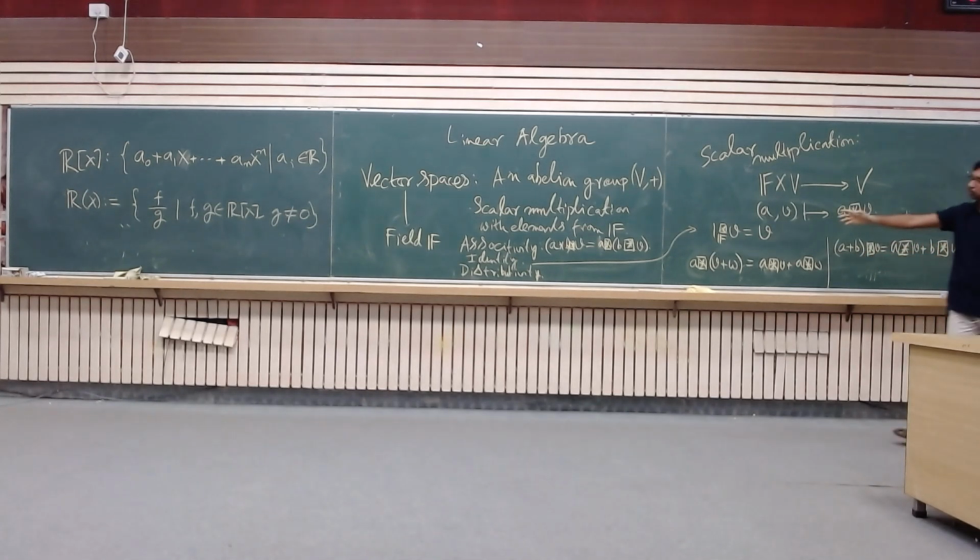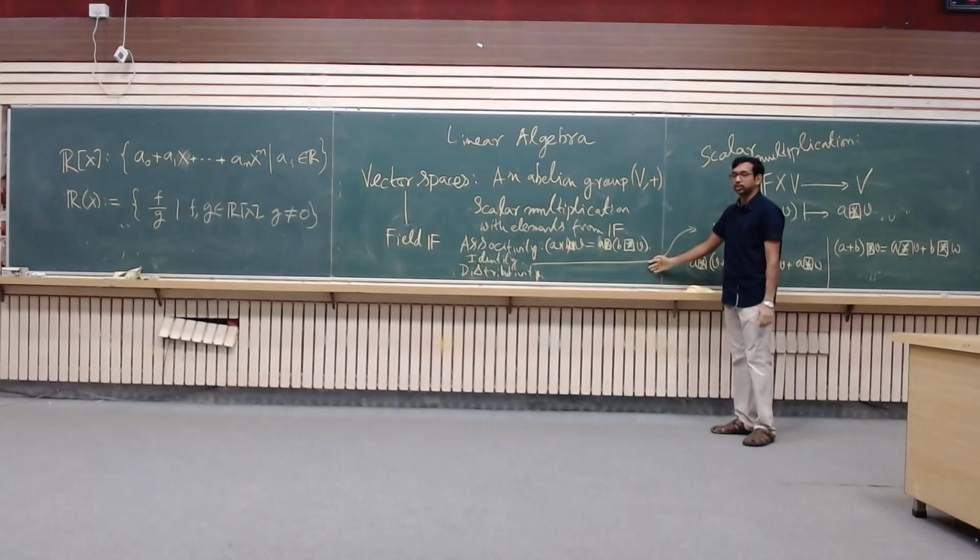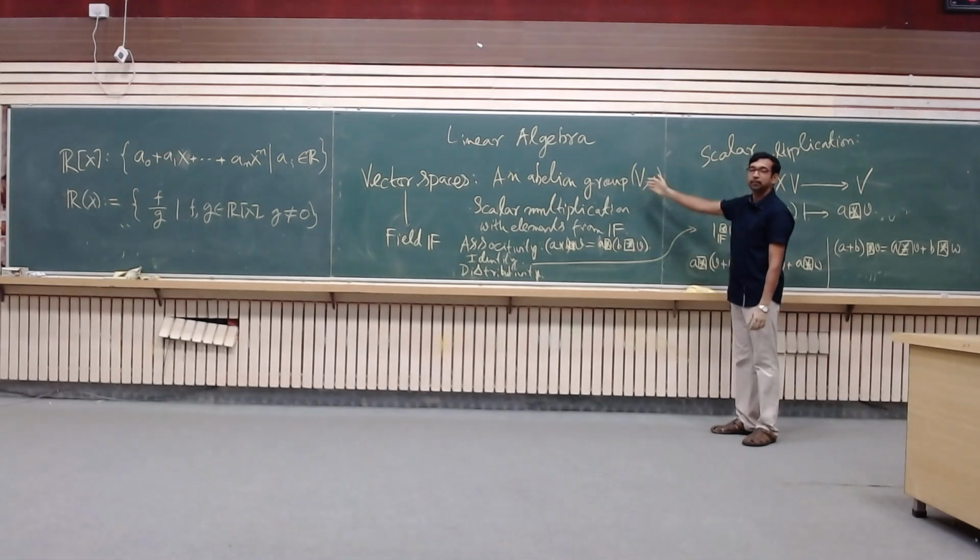So these three are the properties which the scalar multiplication would satisfy, along with the fact that it is an abelian group.